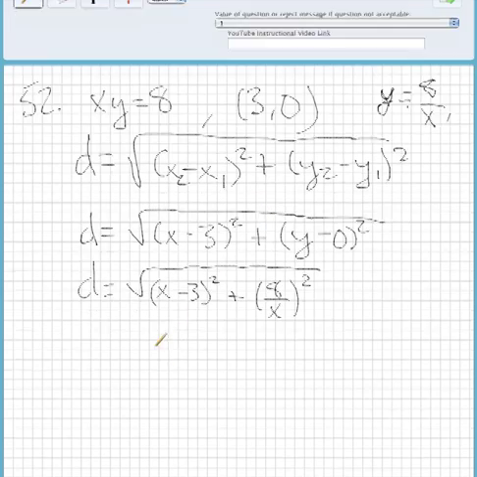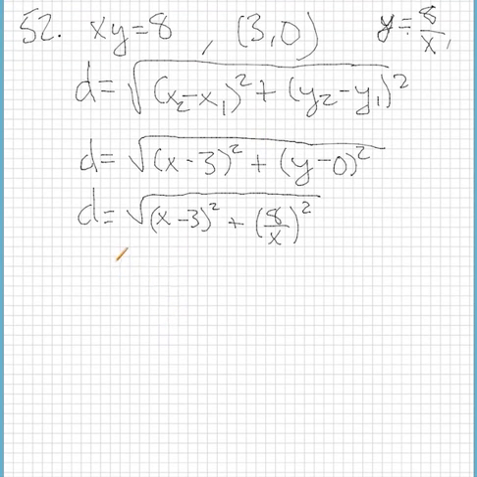All right? So from here, we're going to use a little trick to say that d squared, if we square this whole thing right here, is going to be the same as that. So we can actually do this right here.